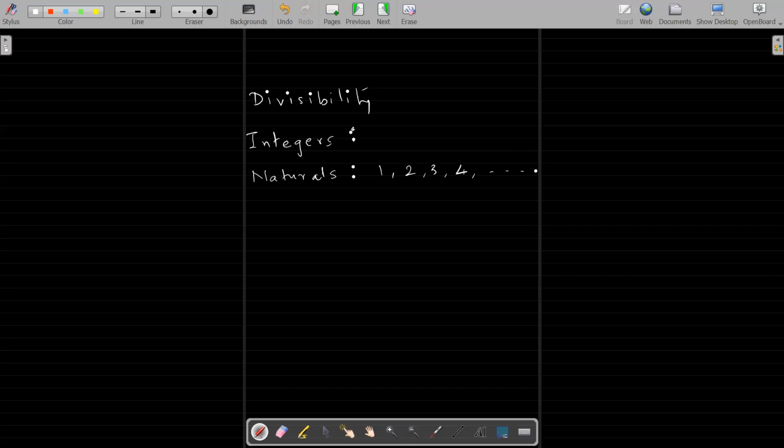Yes, absolutely. Very good. So natural numbers, the counting numbers, plus 0 along with negative numbers. Shall I write this way? 0, plus 1, minus 1, plus 2, minus 2, plus 3, minus 3 and so on. This is called the set of integers, right?